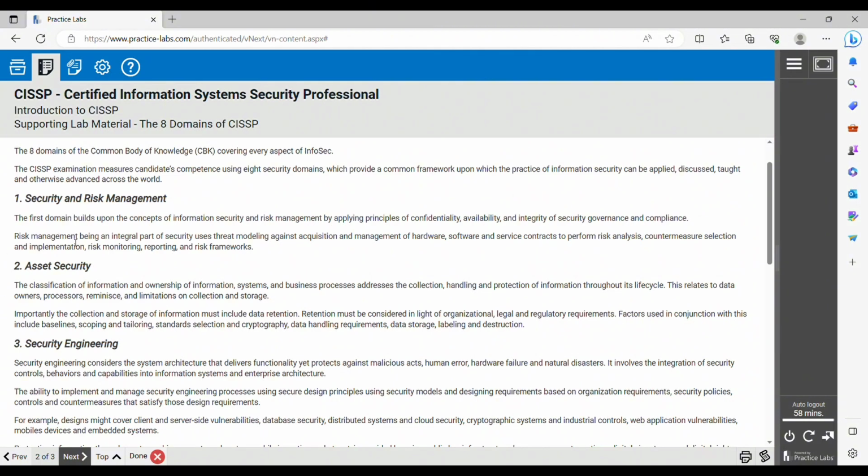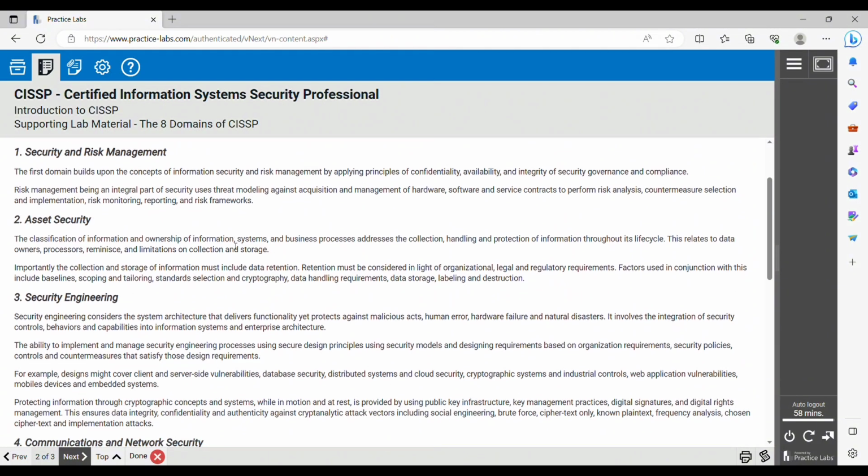Risk management, being an integral part of security, uses threat modeling against acquisition and management of hardware, software, and service contracts to perform risk analysis, countermeasure selection and implementation, risk monitoring, reporting, and risk frameworks.